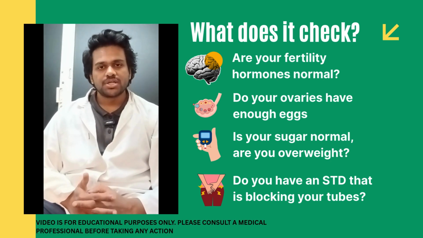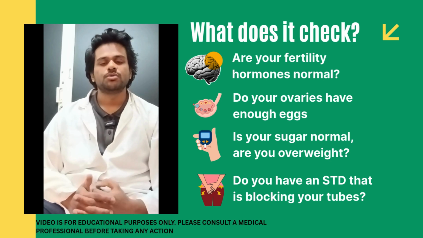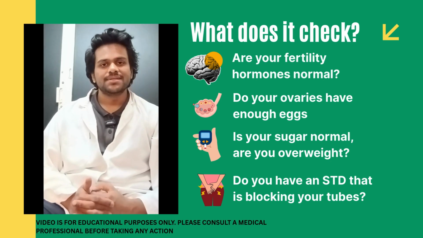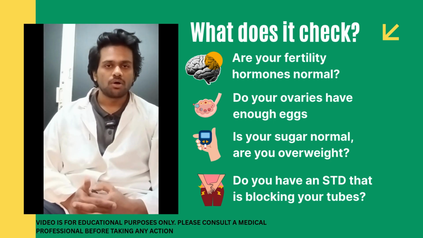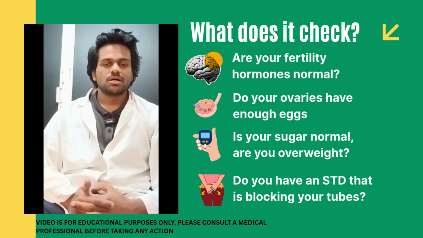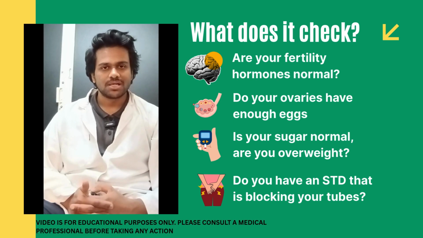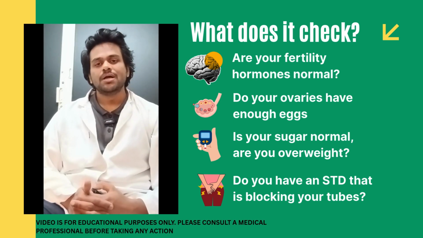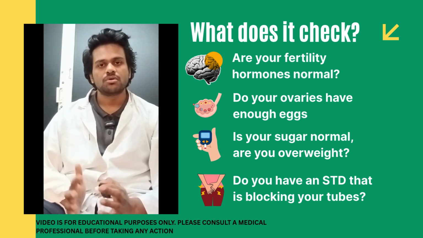Next, we also want to check whether there is any blockage in your tubes which carry the eggs from your ovaries down to your uterus. These are called your fallopian tubes, and we need to be sure that these tubes are not blocked somewhere. Now to check this, you need the radiological scans, like there are certain X-rays that are done, a special type of X-ray, and we also need the ultrasound to check whether your ovaries are totally okay.